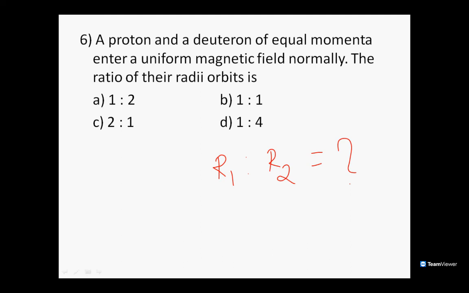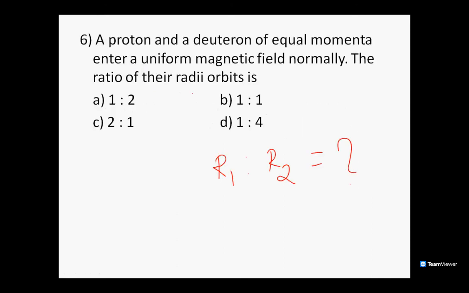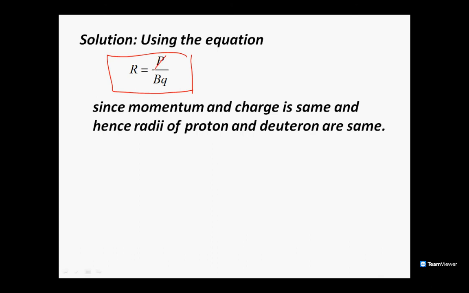Magnetic field is the same. This question uses the relation R equal to P divided by B into Q. In the question itself, momentum is equal, magnetic field is also the same. So P cancels, B cancels. So R is directly proportional to 1 by Q.